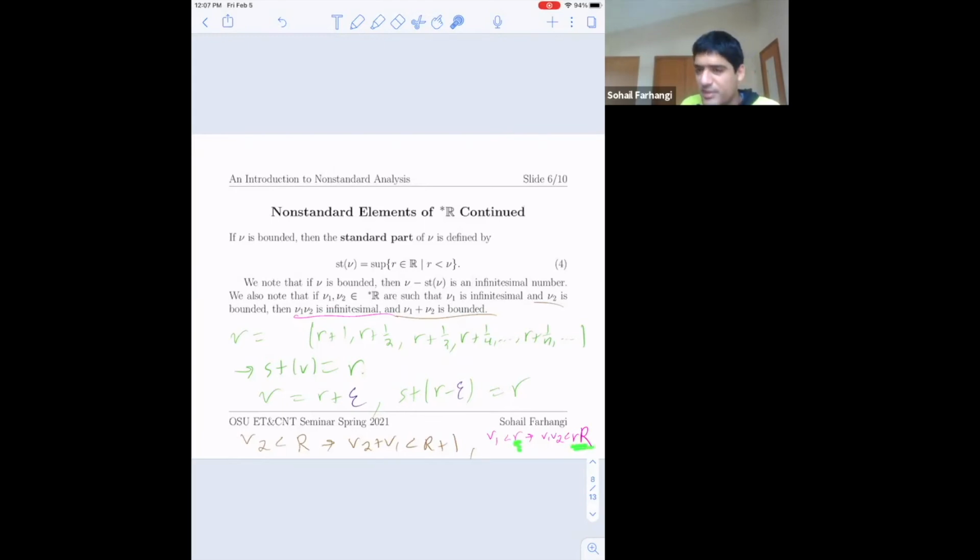So little r times big R is arbitrary, and then V1 V2 is infinitesimal.